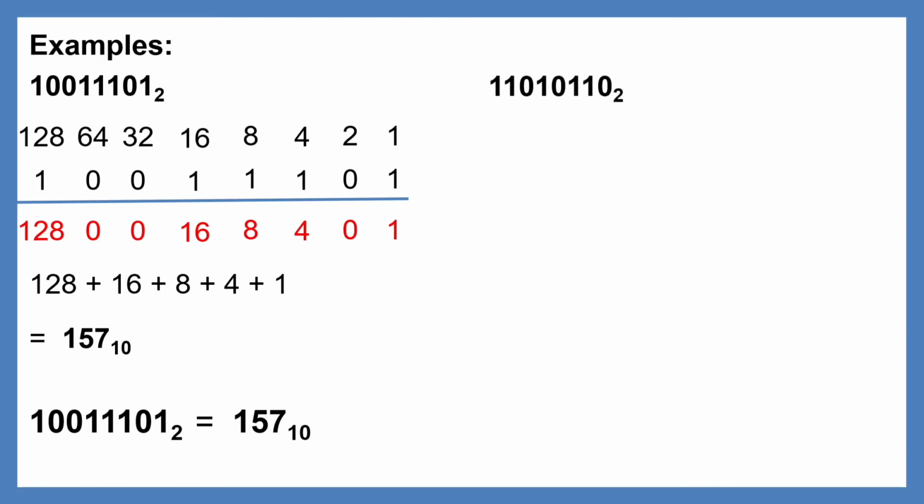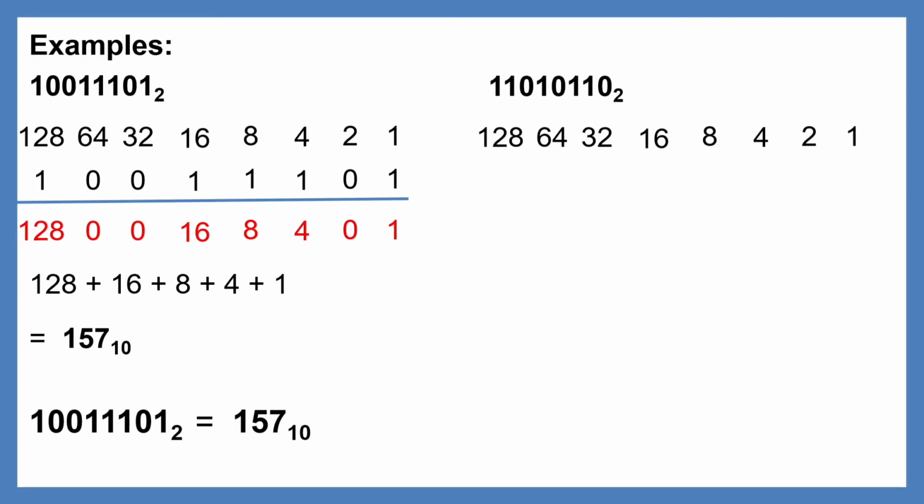Let's have another example. We have 11010110 base 2, and we're going to convert it into decimal. Again, we're going to write the place values or the powers of two. So we have 1, 2, 4, 8, 16, 32, 64, and 128.